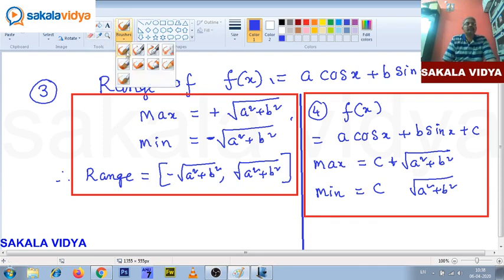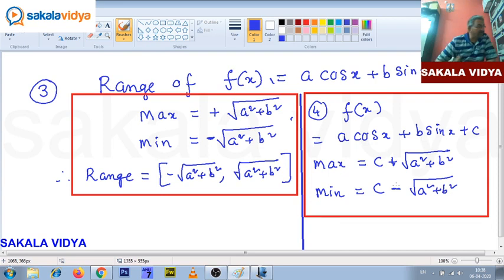Good observation. Thank you for reminding me. It is only in mathematics that plus and minus get confused. So, good material for Eamcet, they had already discussed it. Okay. Right. Maximum is plus, minimum is minus, that is correct. Okay.